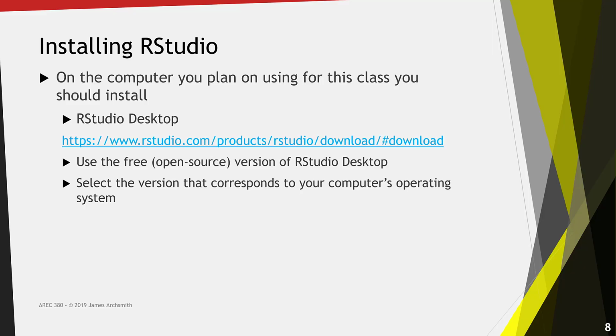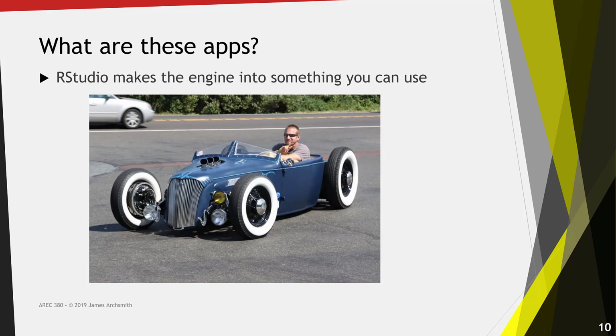RStudio provides some polish to R and makes it easy to use. It's also a free and open source software package. Again, meaning anyone can download the software or actually download the original source code, modify it, and contribute it back to the community. So again, when you're thinking of RStudio, I want you to think of RStudio as all of the other parts that go on the car on top of the engine.